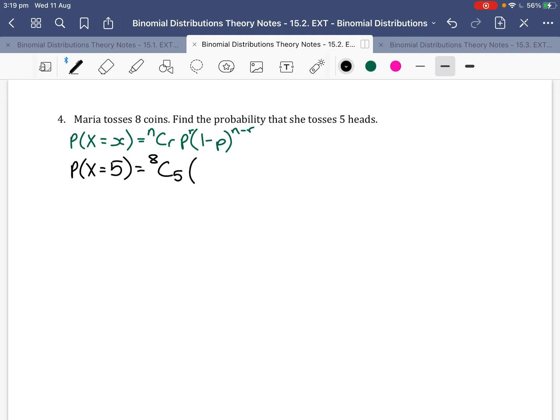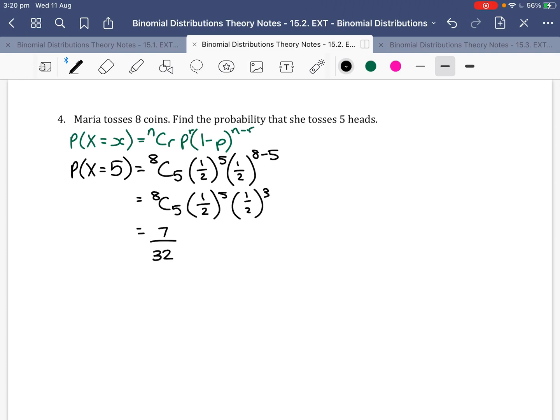We want to choose 5. The probability of tossing a head is 1/2 to the power of getting our 5 successes that we want, and then it will be 1/2 to the power of 8 minus 5 here. So this will be 8C5, 1/2 to the power of 5, 1/2 to the power of 3, which equals 7 over 32.